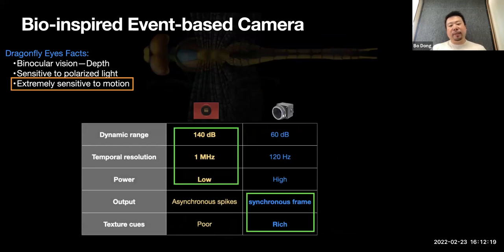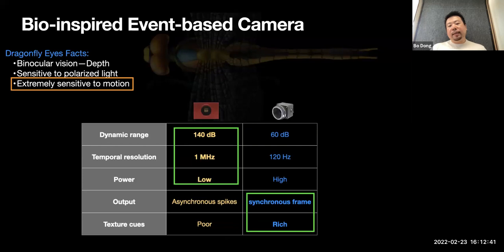In summary, each camera has advantages. The conventional camera has advantages especially for synchronous frames, because I would say 95% of convolutional and deep learning-based approaches require synchronous input. Only a few of them can deal with asynchronous input.